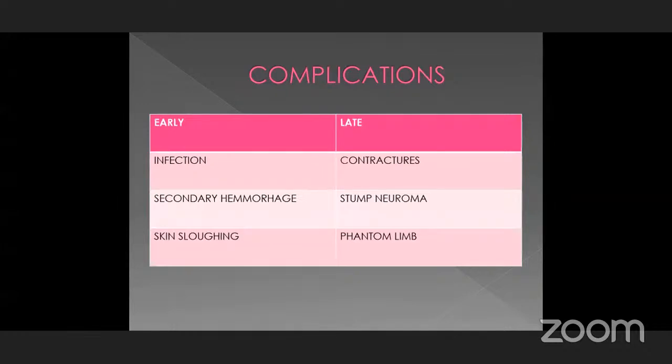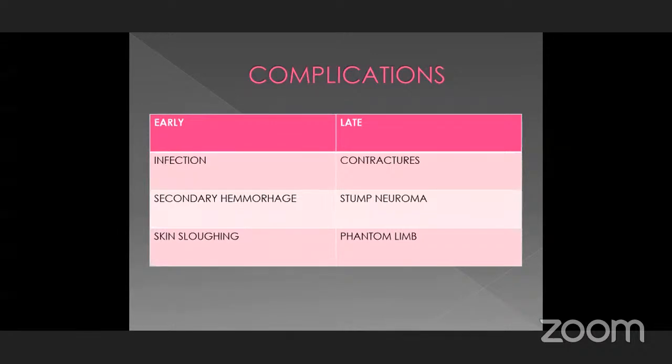After the amputation, the stump of the amputee leads to some skin sloughing if we do not do proper stump care for the patients. Late complications are contractures, contraction of the muscles above the amputated part, stump neuroma and phantom limb.